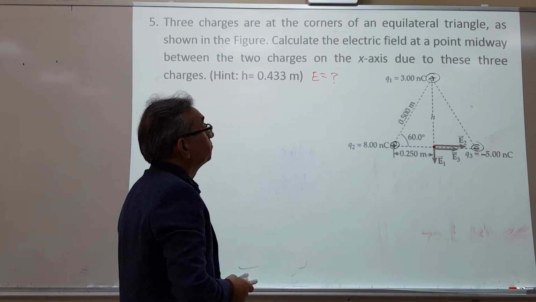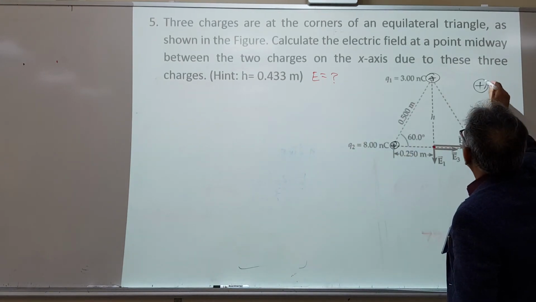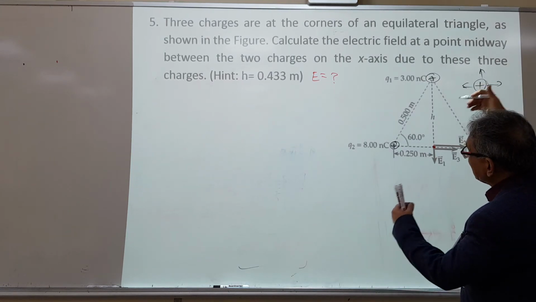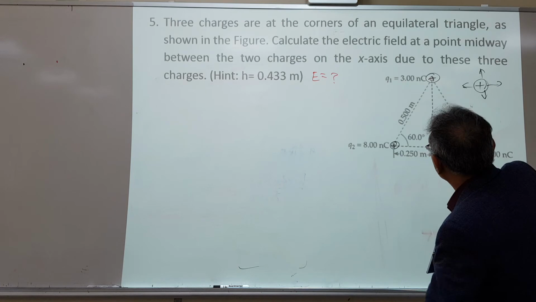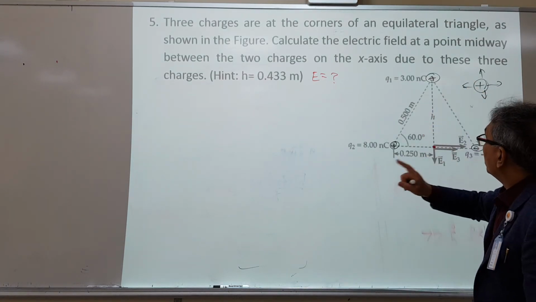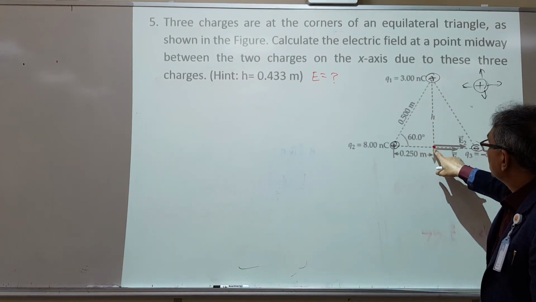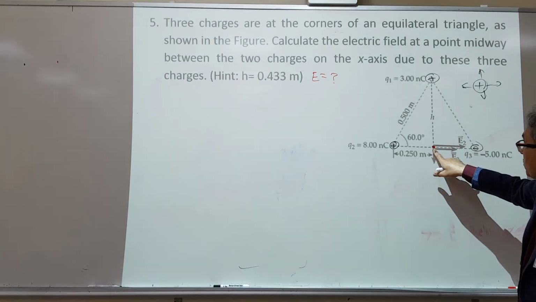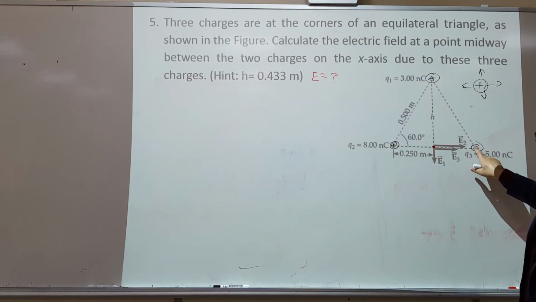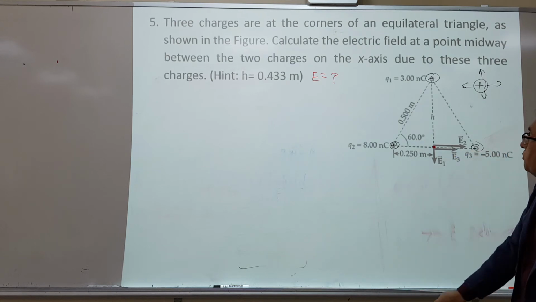Now, as you know, from the positive charge, the electric field strength goes outward in all directions, and for the negative charge, inward from all directions, spherical directions, right? But we take only one direction here, not all directions. We take the direction for the point under consideration. So this is the point of interest, where you need to find the resultant electric field E due to all these three charges at the middle of these two charges.